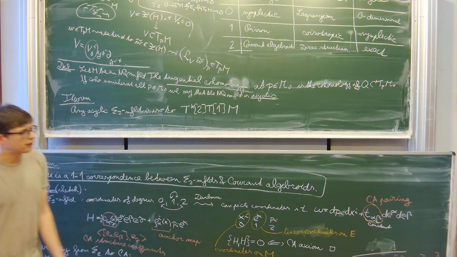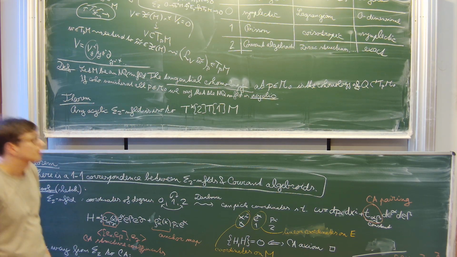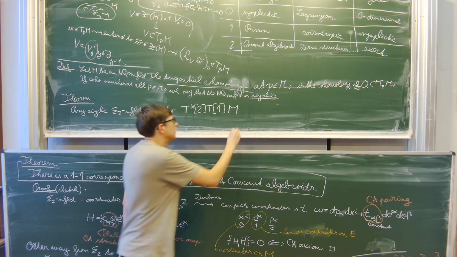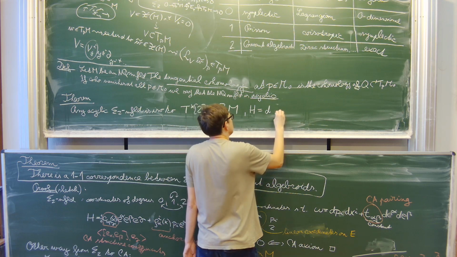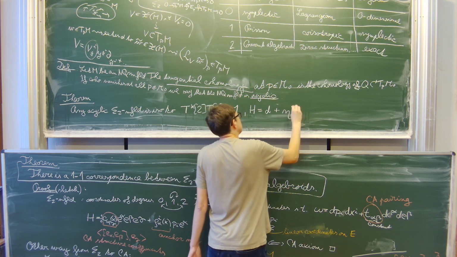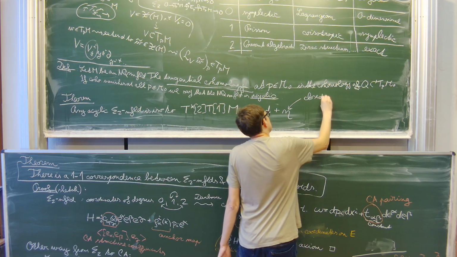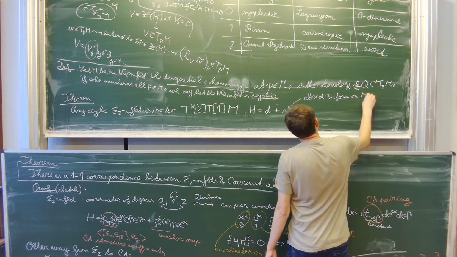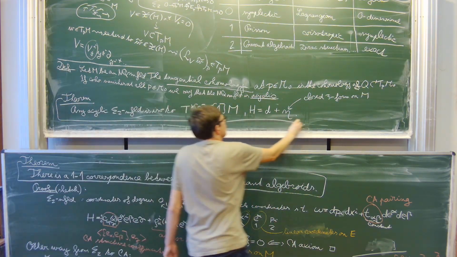So the example that we had earlier today for n equal 2, with the symplectic form given by the cotangent bundle, and with the Hamiltonian function being given by the de Rham differential plus eta, where this thing is a closed three-form on M. Okay, and as my last sentence, I will just explain what I mean by this.